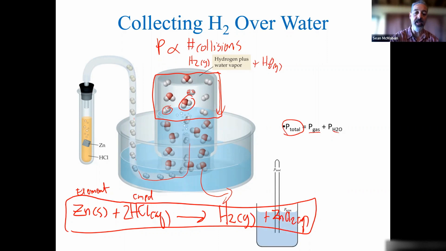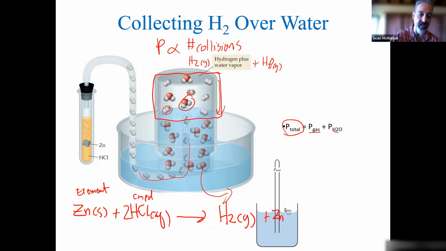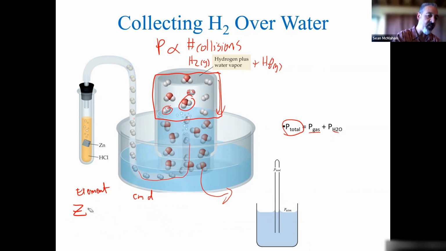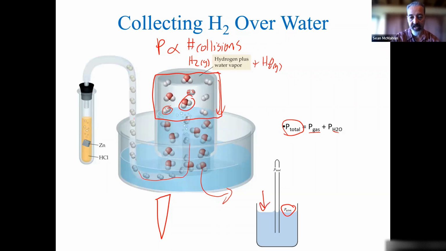So there's actually a lab at Miramar where we do this, which I love, by the way. It's probably one of my favorites. We actually use eudiometers. A eudiometer is basically an open-ended tube. We use a eudiometer to collect the gas. And we know that atmospheric pressure is going to be exerting a force. So there are gases in the atmosphere, and they're exerting a force on this liquid, which is water, let's say.